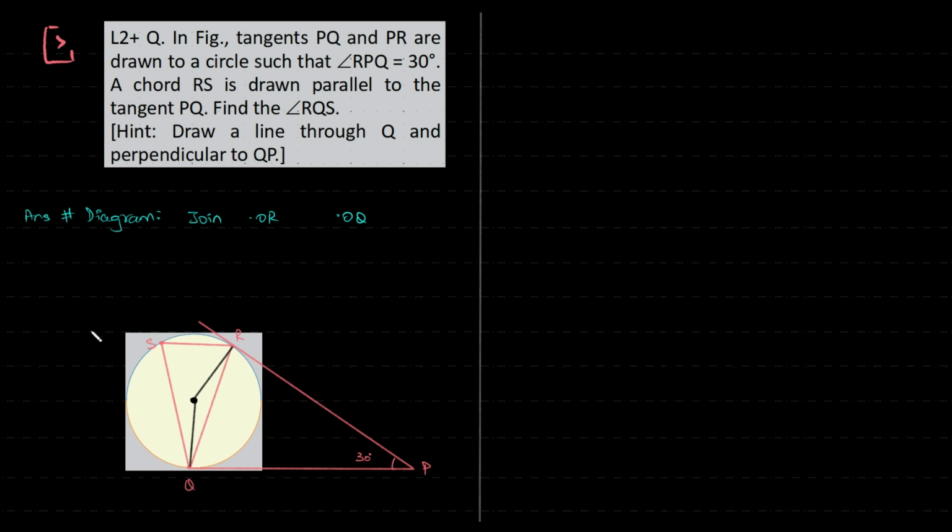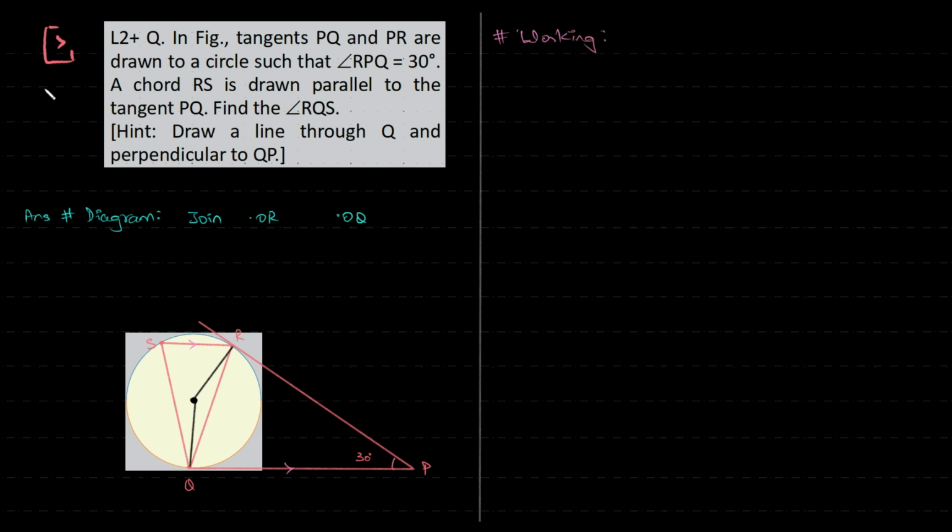Okay. Then, what else can we tell? That's it, I guess. No other construction. Oh yeah, this is parallel to this. We'll mark that also. Then we have to find the angle. So let's start with the working.